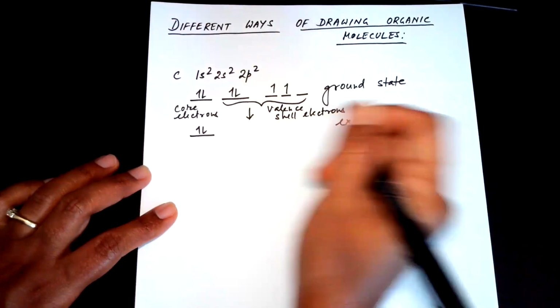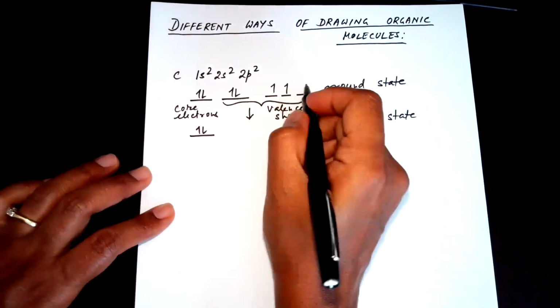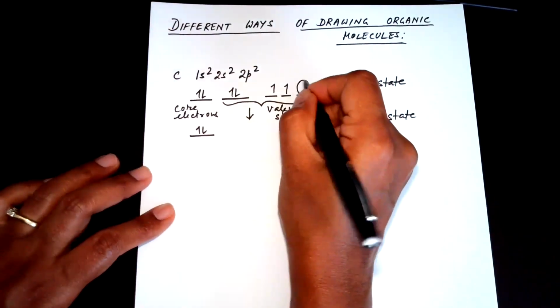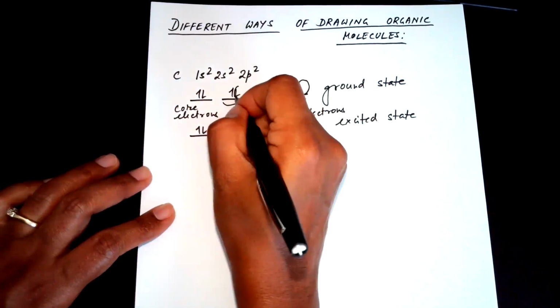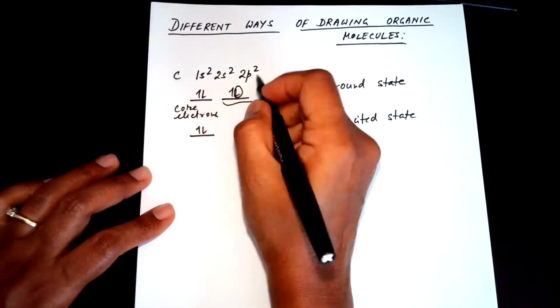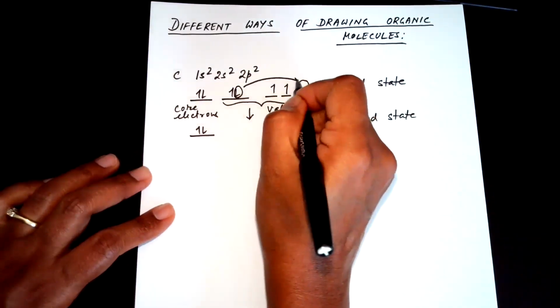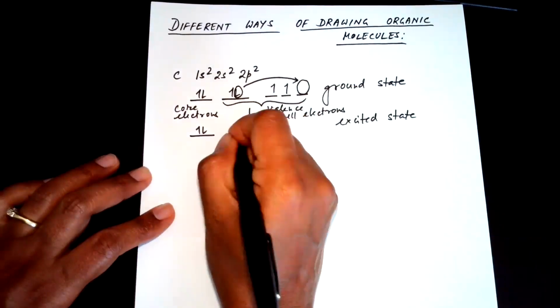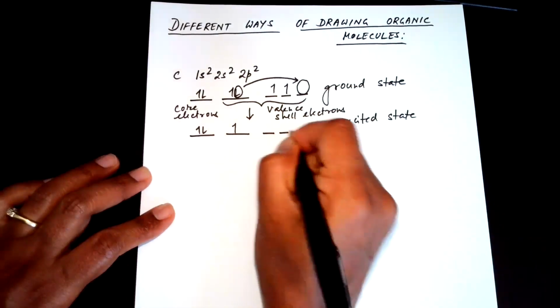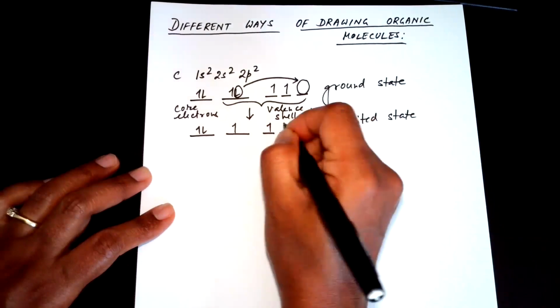So there is one space available right here. One of these electrons jumps from here to here so that all of these electrons can sit unpaired.